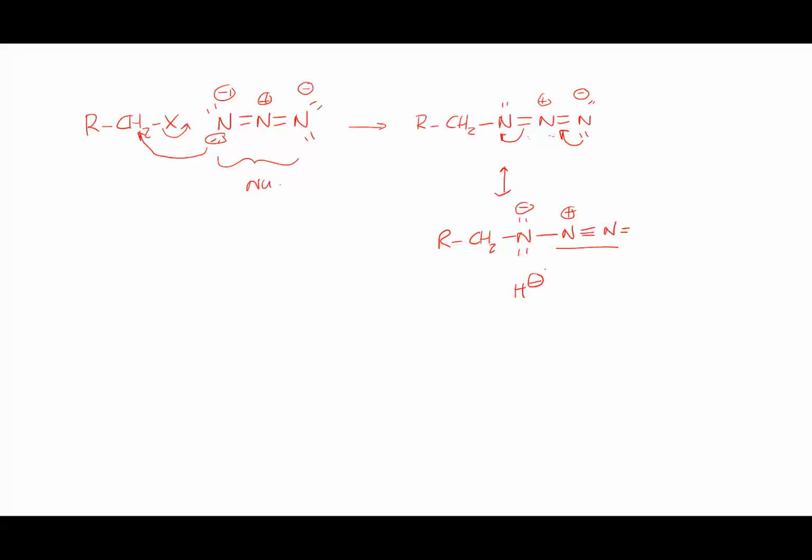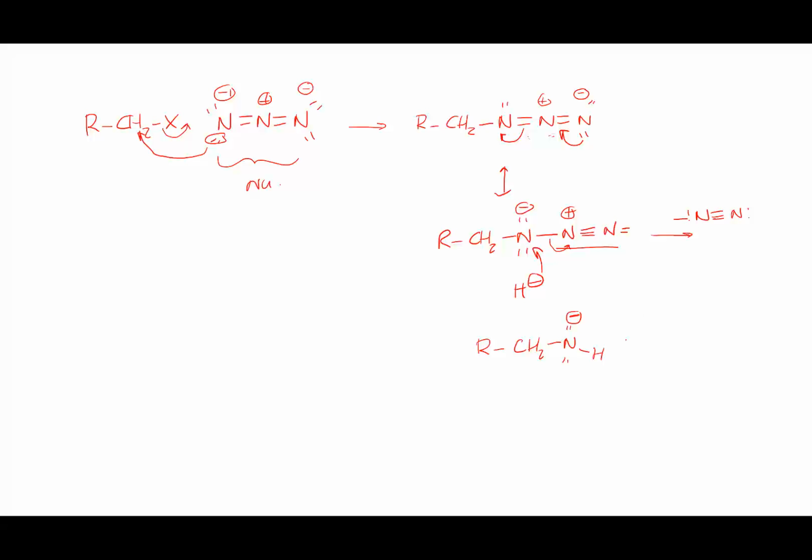So my H minus comes in, attacks that nitrogen. This pair of electrons goes to that nitrogen. I lose N triple bond N, so I lose nitrogen gas. I end up with my nitrogen on the end, now picking up the hydrogen, and it would still have two lone pairs that way.